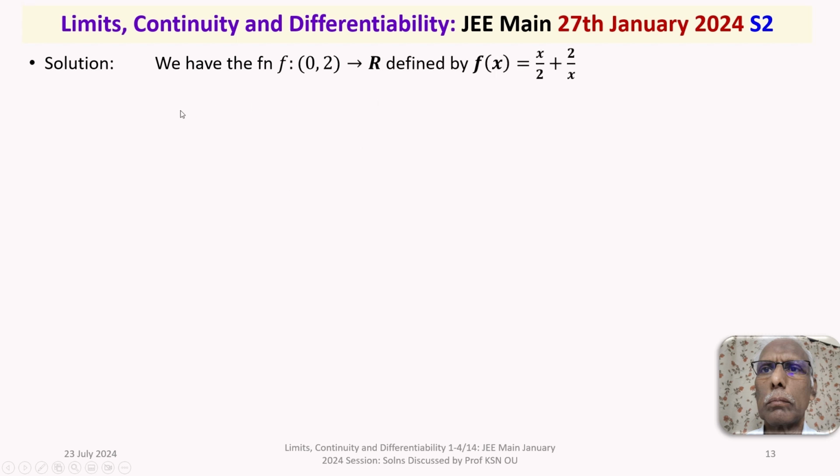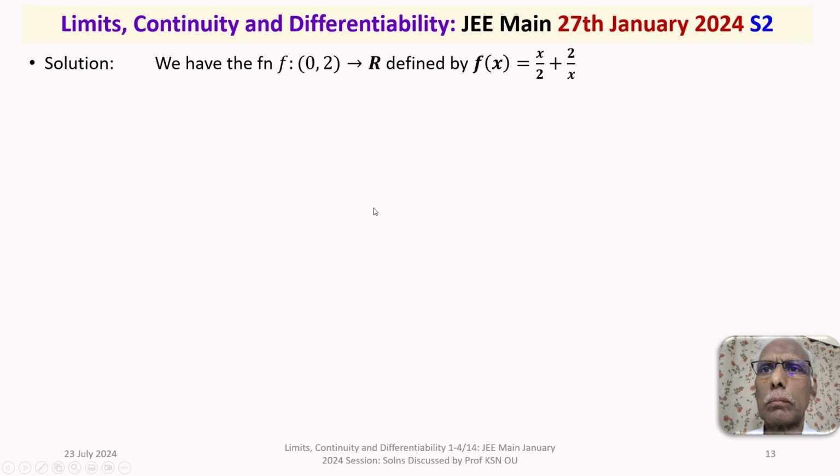We have the function f defined from the open interval 0 to 2 into the set of real numbers by f of x is equal to x by 2 plus 2 by x. Now looking at g of x, they wanted the minimum of f of t.